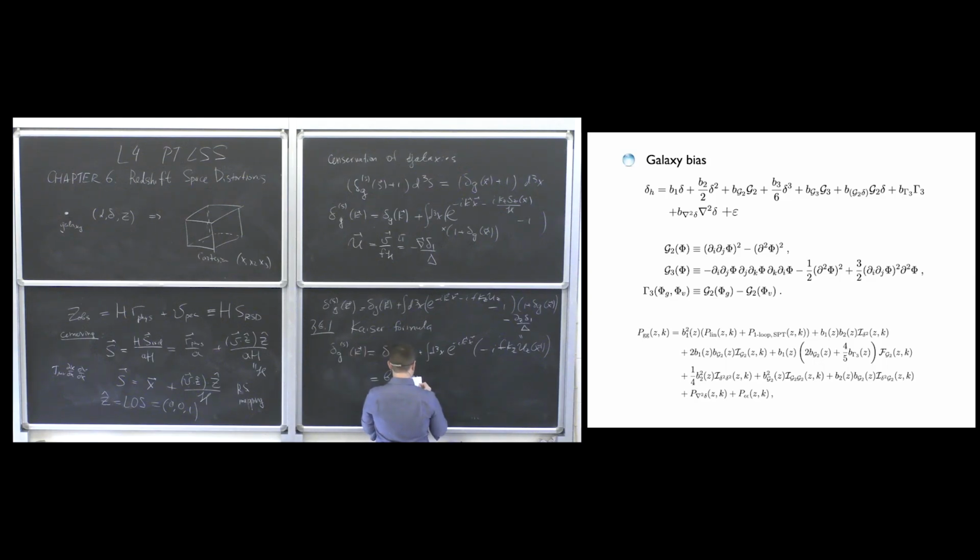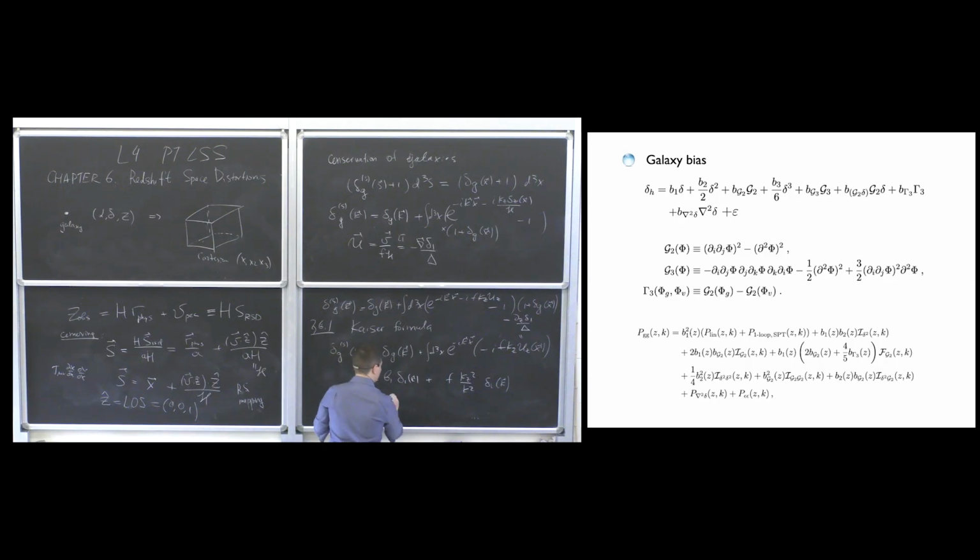And what we get here, once we have done the Fourier transform, will be f kz squared over k squared delta 1 of k. So we have one kz here, the other kz here, divided by the k squared. Hence this, and f basically comes from the relationship between the velocity and the density field.